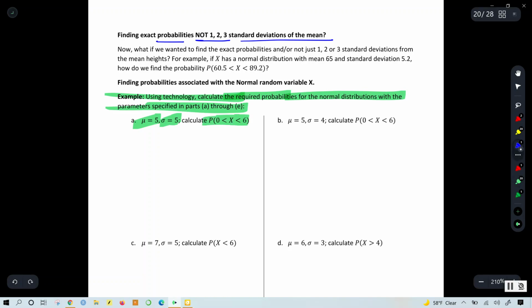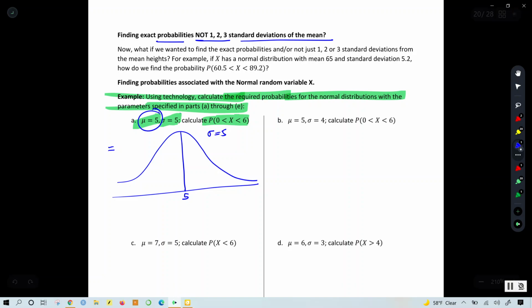When I am given a question like this, what I like to do is first sketch the normal distribution and locate the mean, and pay attention to the standard deviation on the side.